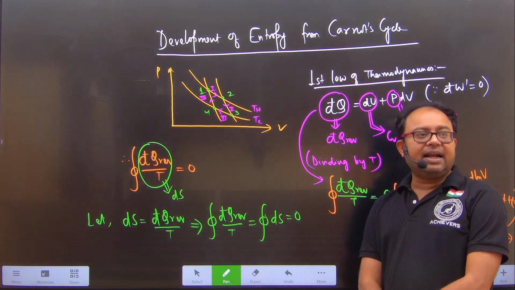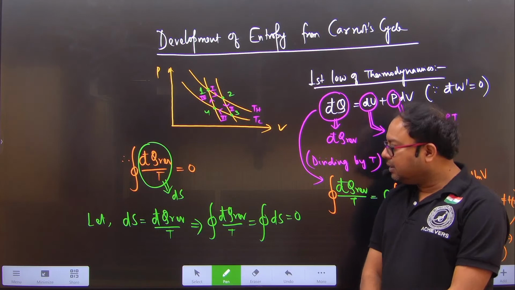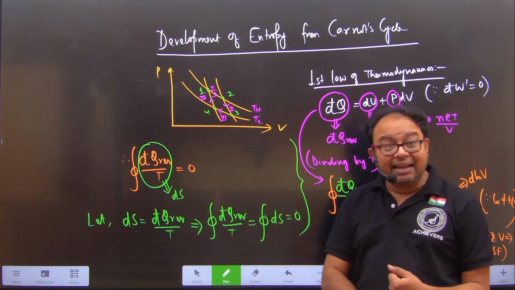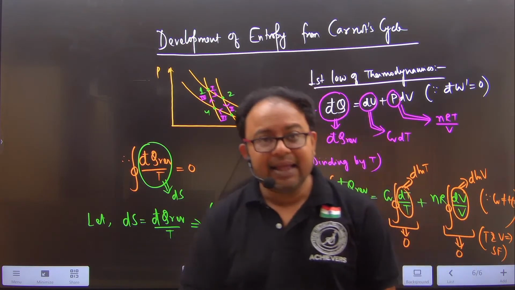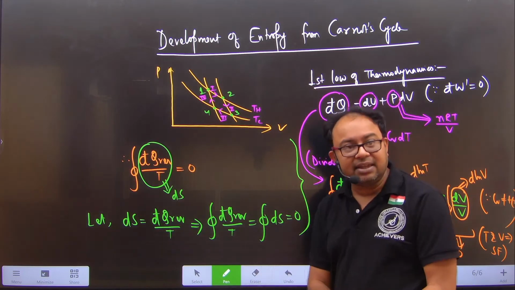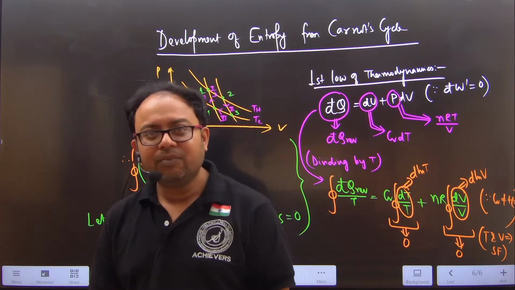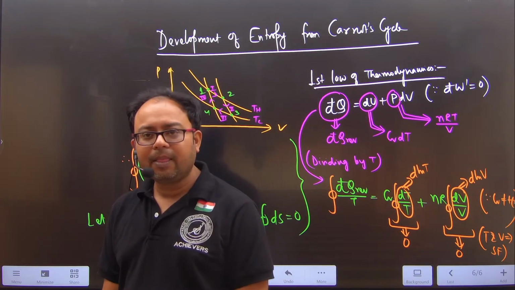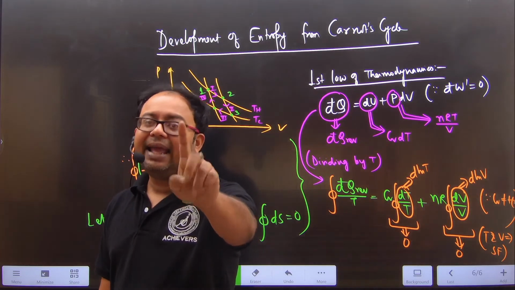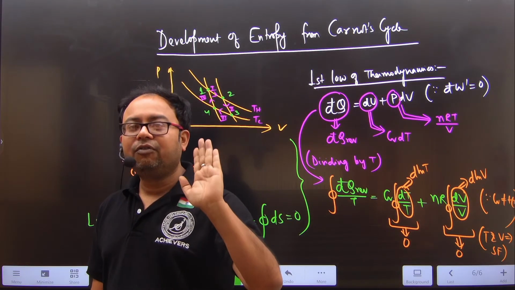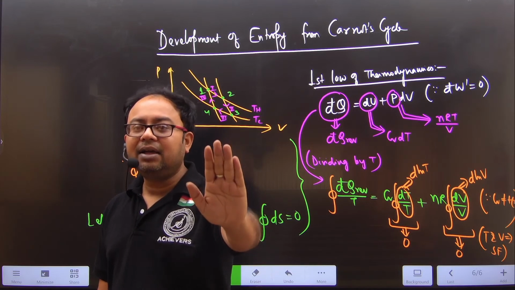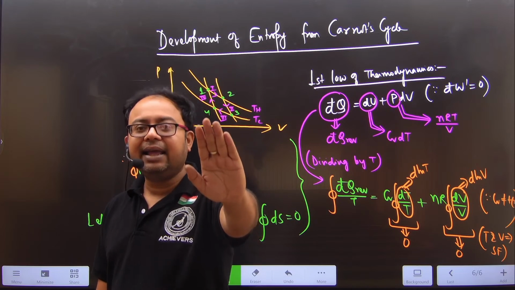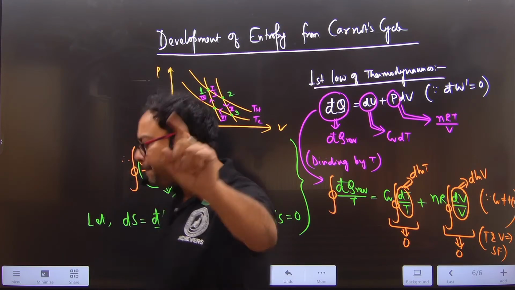If we replace dQ reversible by T with dS, then the cyclic integral of dS is equal to 0. So from here one can say that S is a state function.